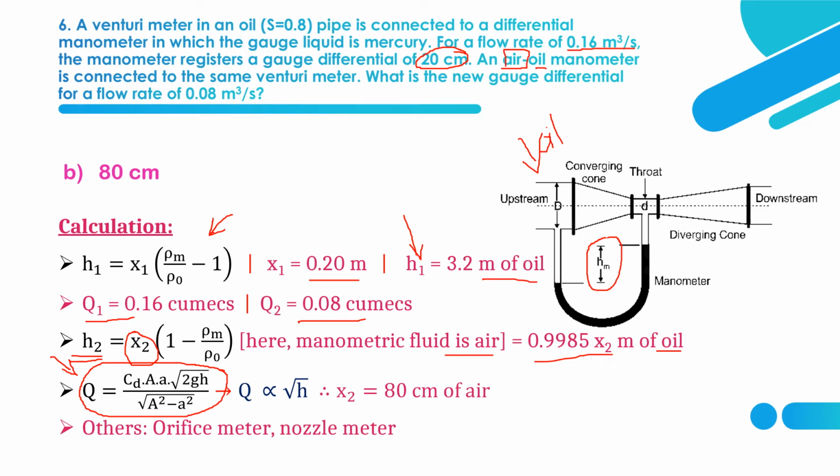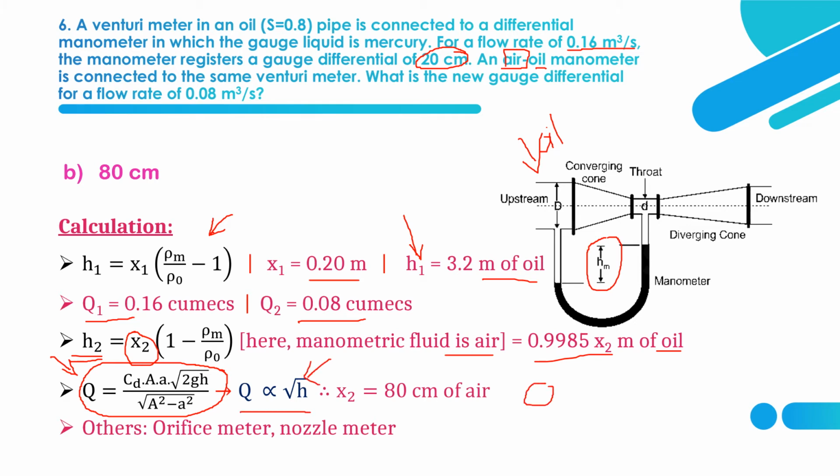Capital A is the cross-sectional area of the pipe, small a is the cross-sectional area of the throat section, into root 2gh divided by root of A square minus a square. Keeping all the parameters the same in both scenarios, that is CD, capital A, small a, and everything else is the same. Only the h, that is the head value, changes. So Q is proportional to root h.